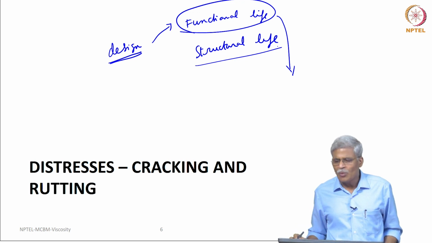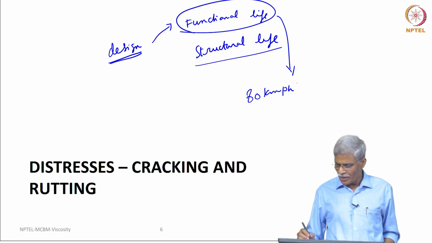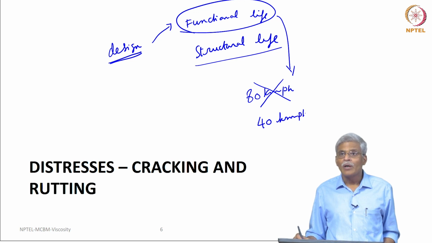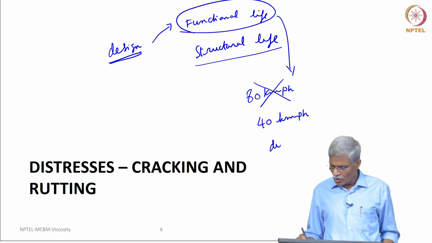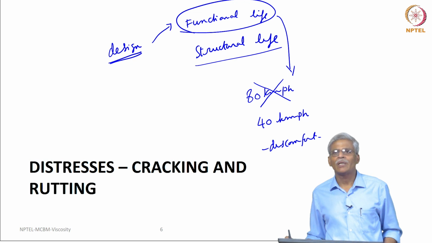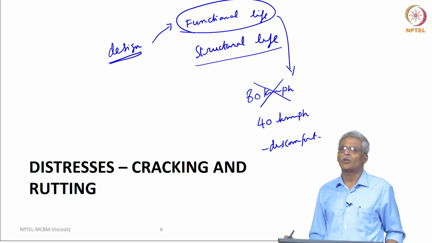So, when I am talking about functional life, what it means is, if you have designed a road for 80 km/h speed, because of the undulations and rutting, you may probably be able to drive only at 40 km/h, and there is going to be acute discomfort during driving, but it is not necessary that the road is going to become absolutely unmotorable.